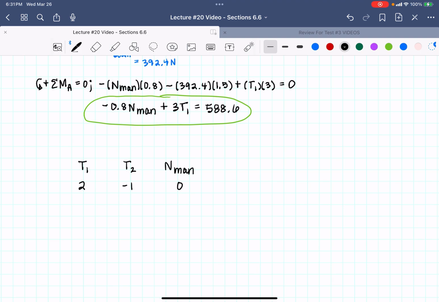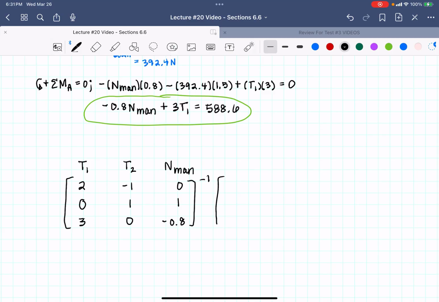And then in my equation 2, I didn't have any T1, so that was 0. My T2 was 1, and my normal force of the man was 1. And then in my third equation that I just did, I've got a -0.8 on the normal force of the man, and 3 on T1, nothing on T2. So that is my matrix to the -1.